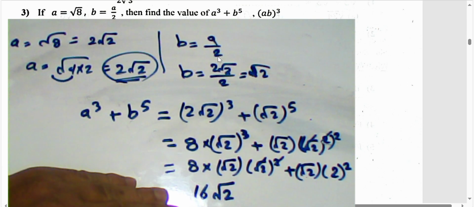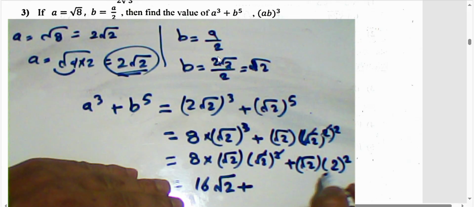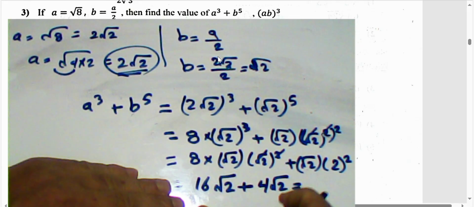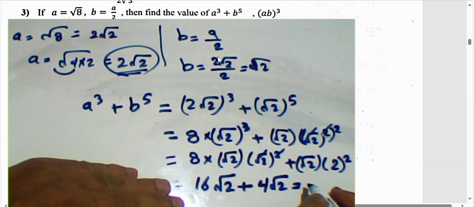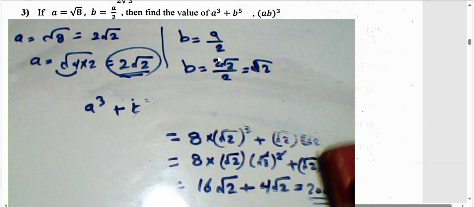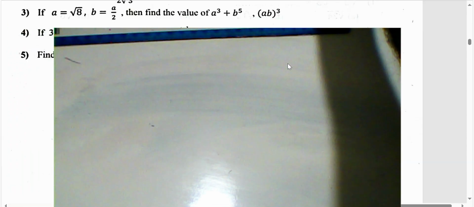Then we have 16 root 2 plus root 2 here times 2 power 2, which is 4. Then the answer here is 4 root 2. Then we can collect them here: 16 plus 4 equals 20. Right, 20 root 2. Okay, then the answer here is 20 root 2. Understood? It's the first question.